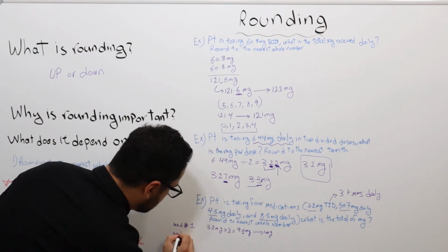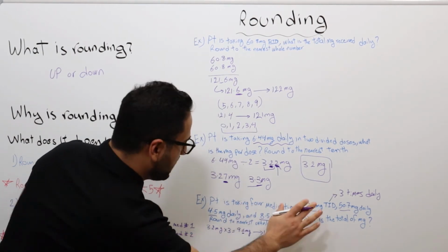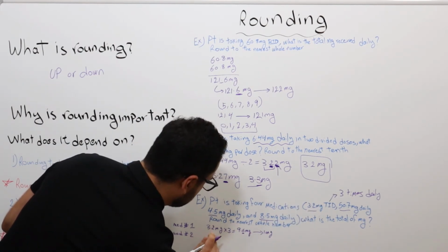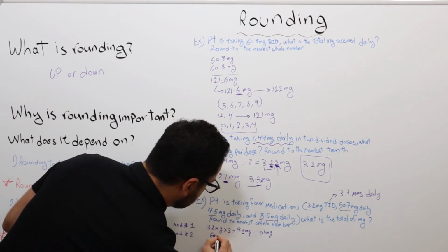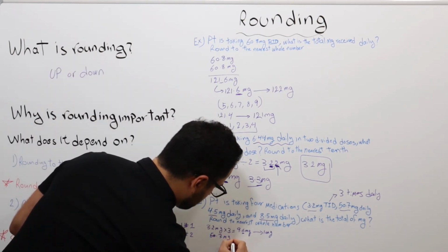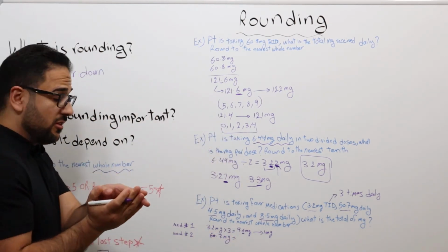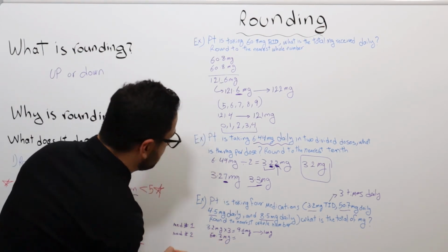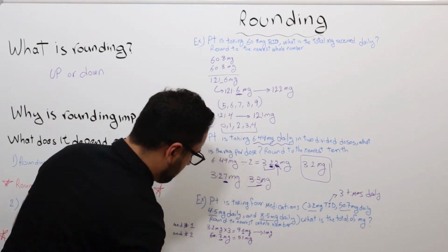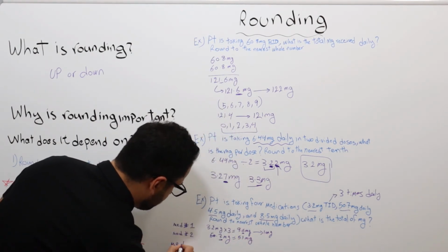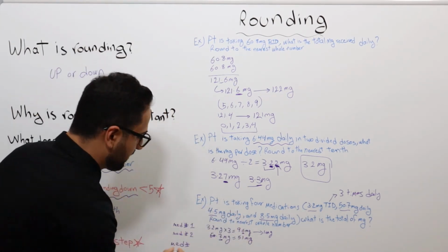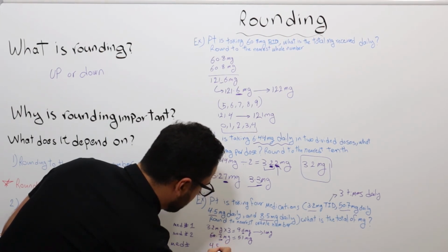So med 2, we have 50.7 milligram, and this is only once daily. We round this all the way up because 7 is higher than 5, so it's going to be 51 milligram. Med number 3 is 4.5 milligram.